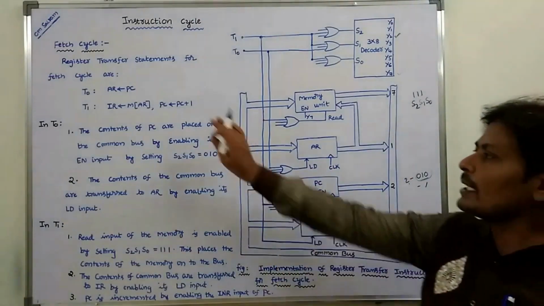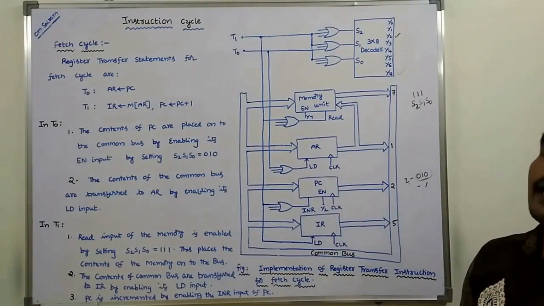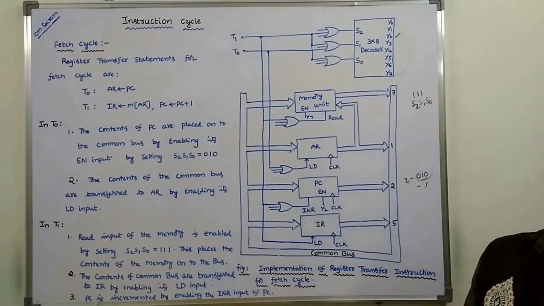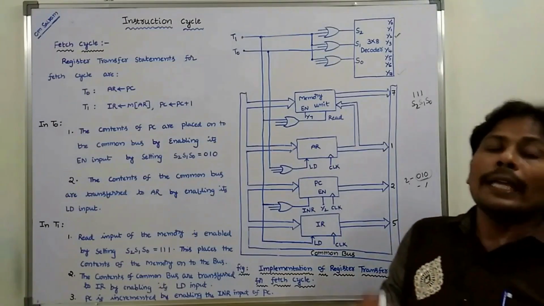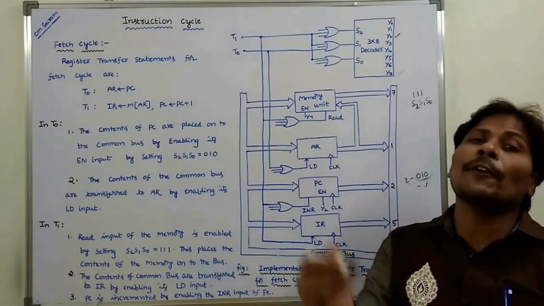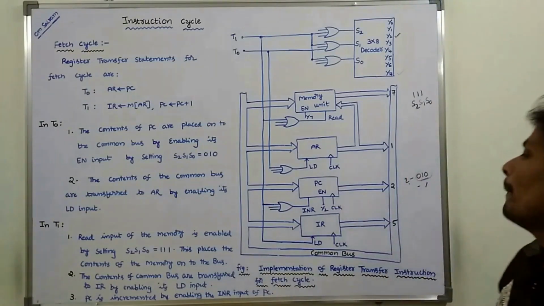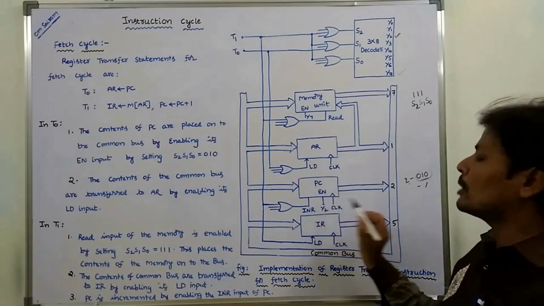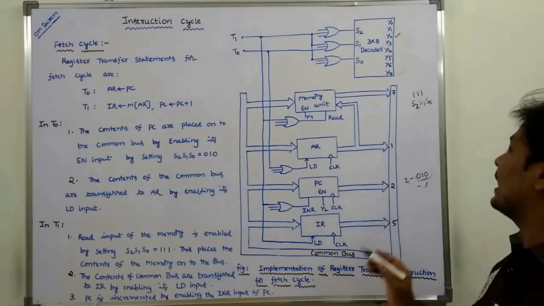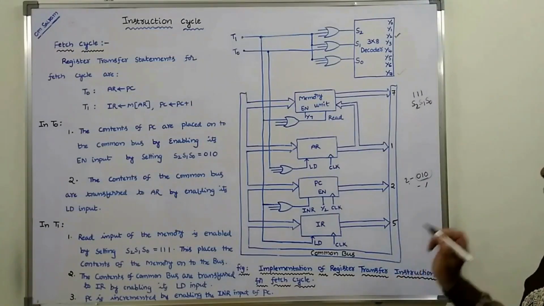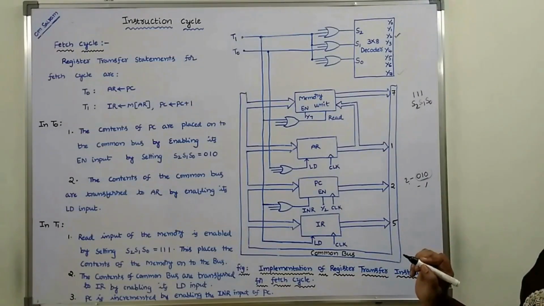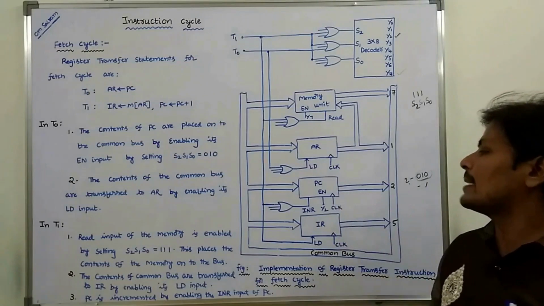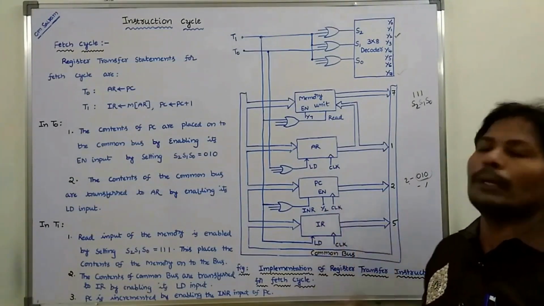Next, the content of PC is incremented by 1. PC always points to the address of the next instruction, by enabling the input Y2, which is setting S2, S1, S0 accordingly. Now PC is incremented by enabling the input INR.